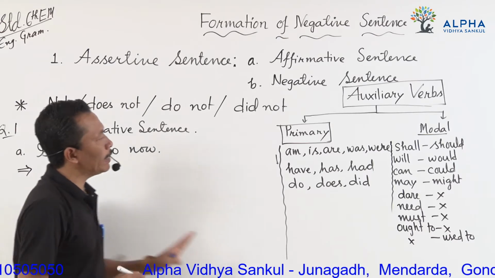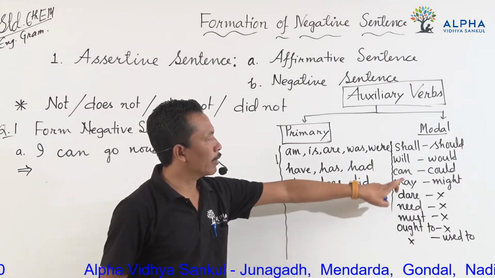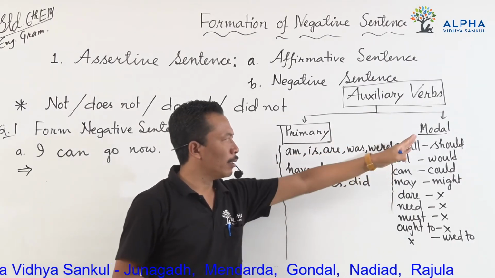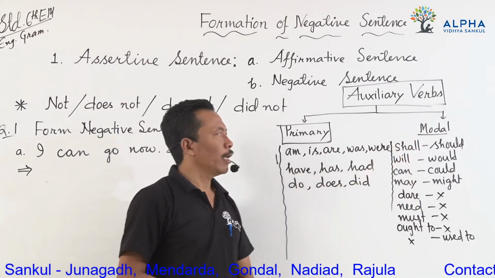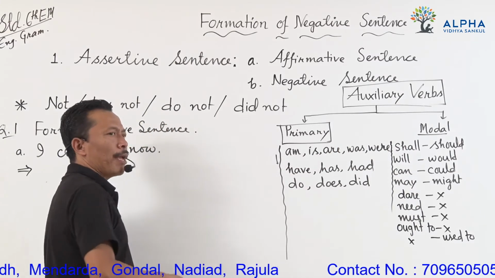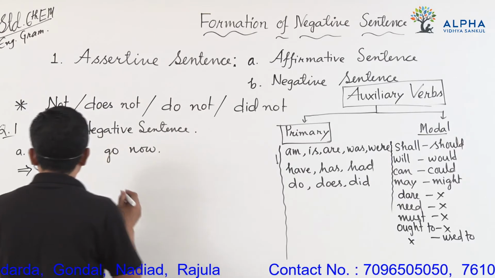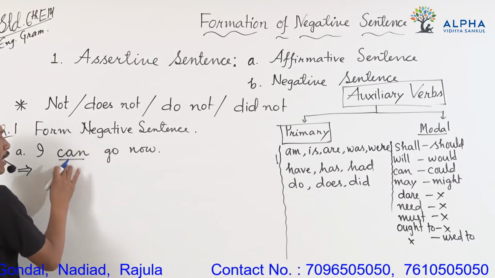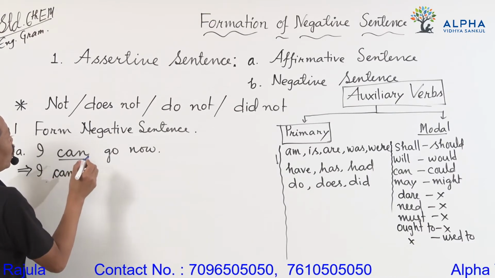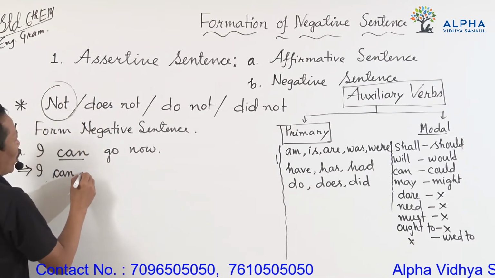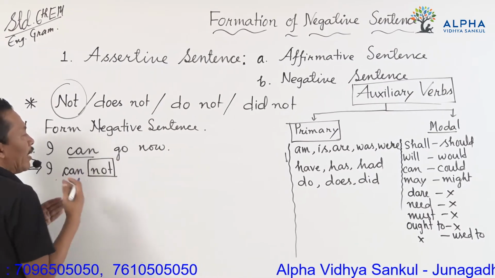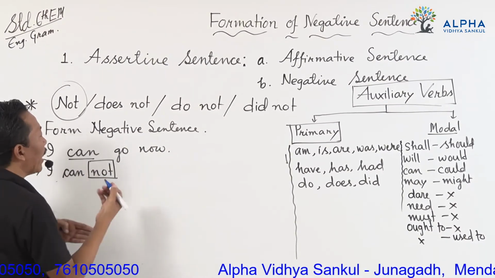You see can is here. It is an auxiliary verb. Can is a modal auxiliary verb. Here there is no difference; it may be primary, it may be modal. You have to find out can. Just after can, we have to put the negative word not. Then I can go now changes into I cannot go now.